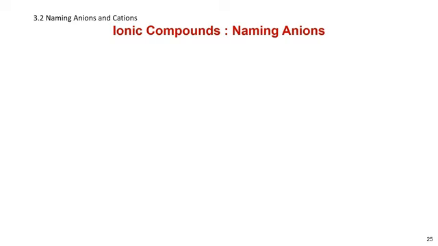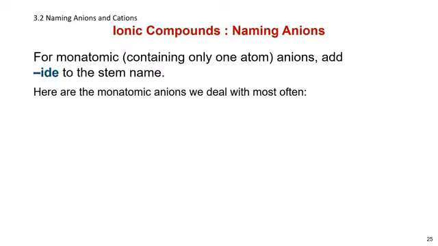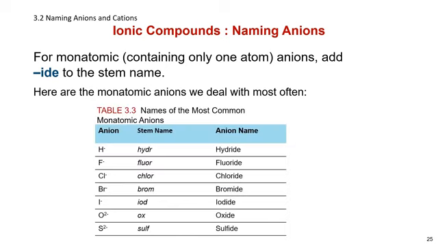Then the anion is the one having the negative charge. If an atom gains an electron, the name is changed to the suffix -ide.